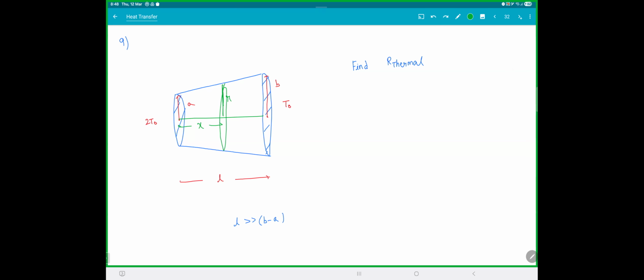So as your x is increasing, you should figure out how the radius changes. Okay, let's see.